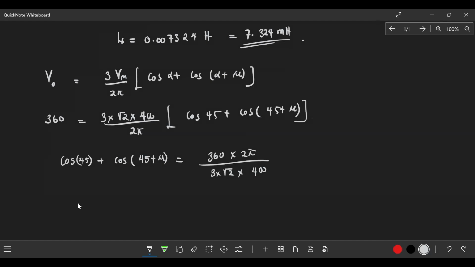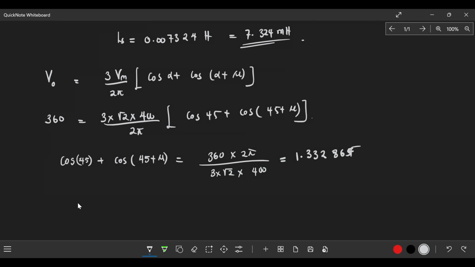So 360 times 2 pi, divided by 3 times root 2 times 400. From this you are getting about 1.33264.